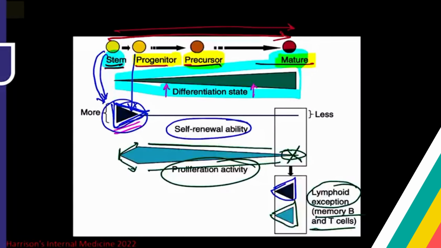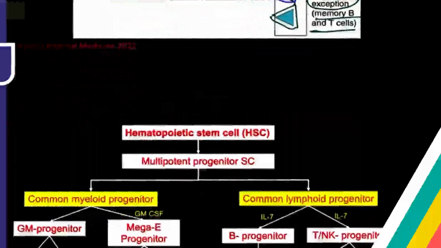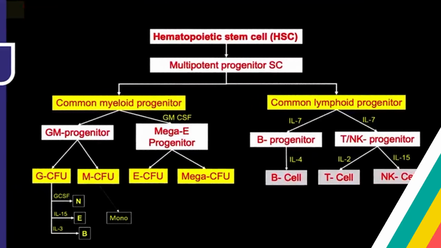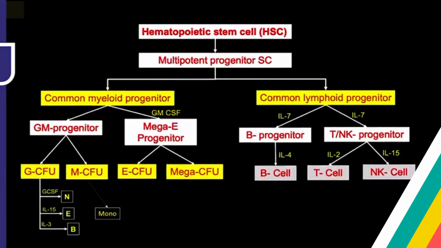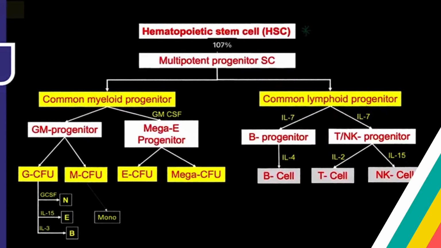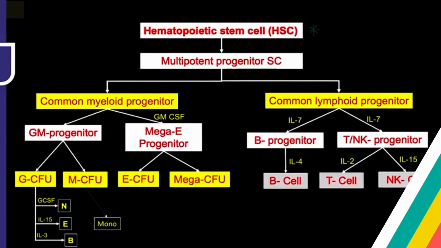So these are the different stages of the cell through which the stem cell moves from stem cell to mature cell. Now, if you look at the whole picture of how this hematopoietic stem cell gives rise to multiple mature cells in your blood, first look at the hematopoietic stem cell. You have to remember these cells. It is pluripotent in nature.